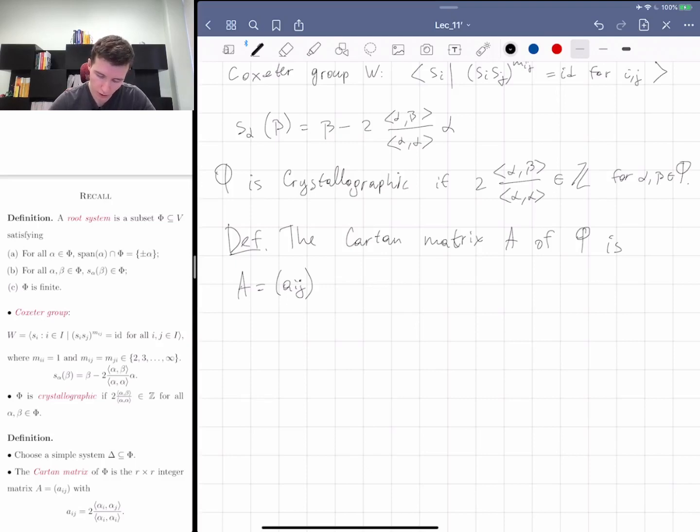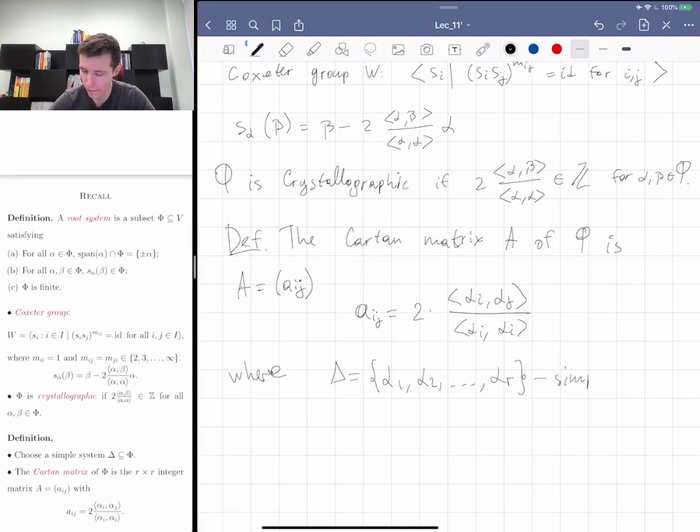The ijth entry is just the same integer that you get here: twice the dot product of alpha_i and alpha_j divided by alpha_i alpha_i, where we choose some simple system delta, alpha_1, alpha_2, all the way up to alpha_r.